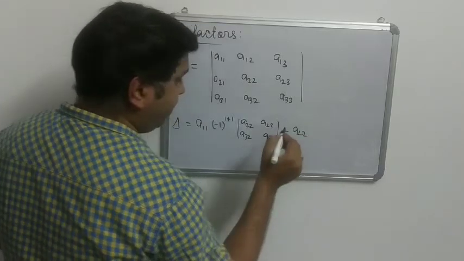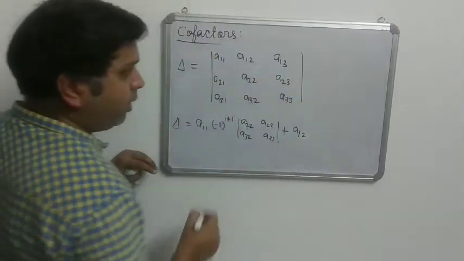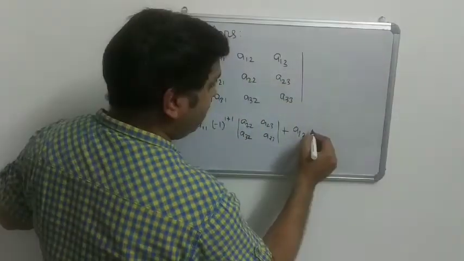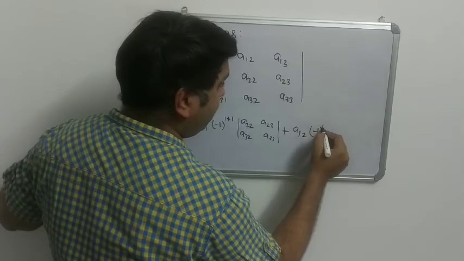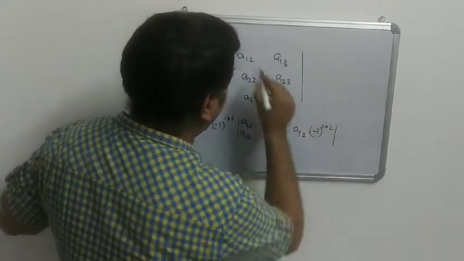Again, if we are going to expand along the row, it will be A12 into minus 1 to the power 1 plus 2, and cancel out this row and column.